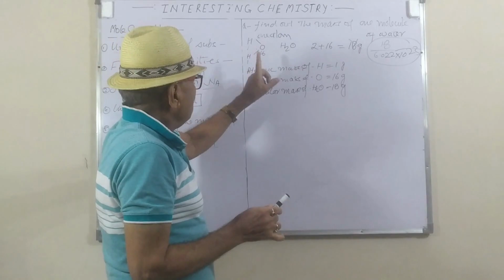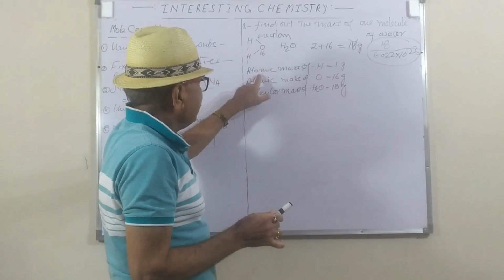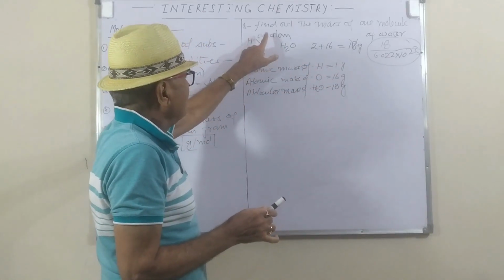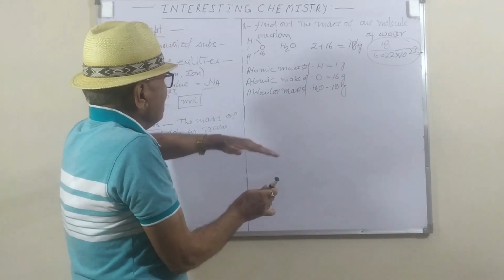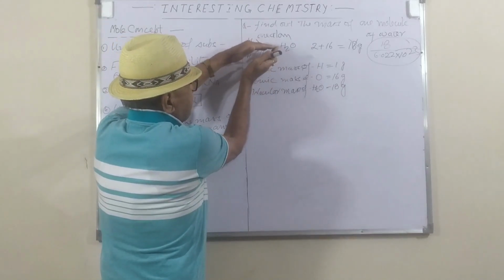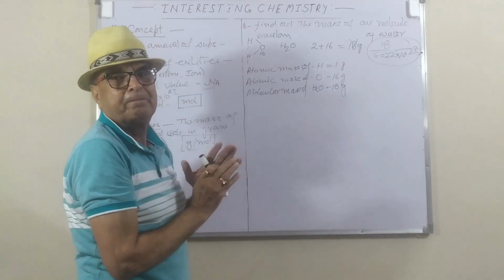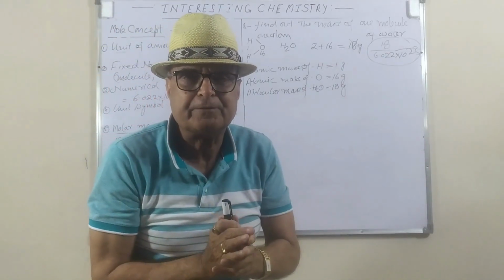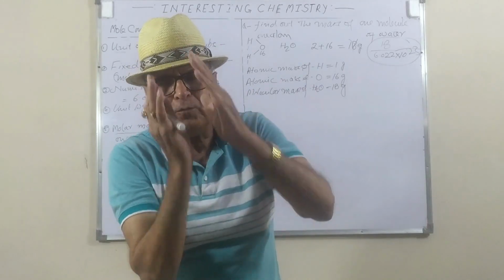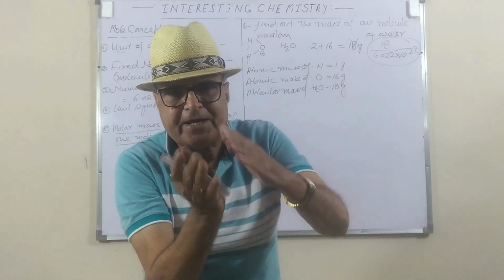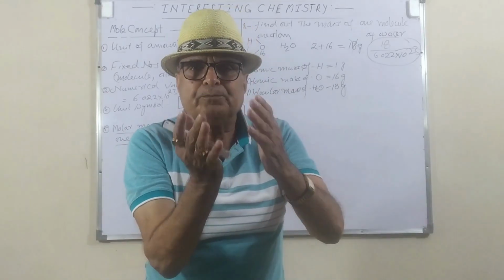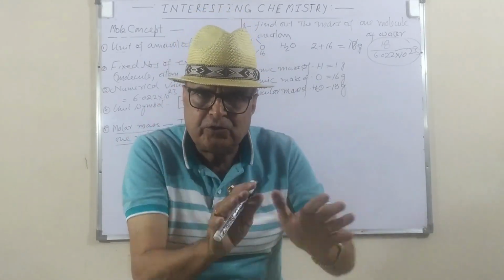You took this value from the atomic mass of hydrogen being equal to 1. So it means you are putting the value of atomic mass in place of 1 atom. Please try to understand me. You are taking the value of atomic mass in place of the atom of hydrogen.